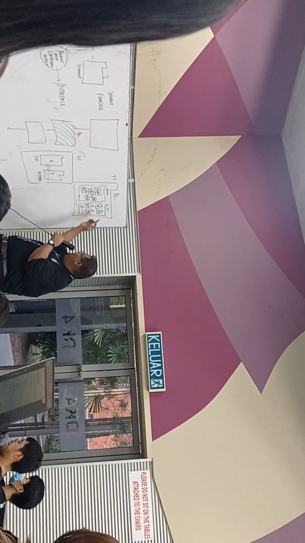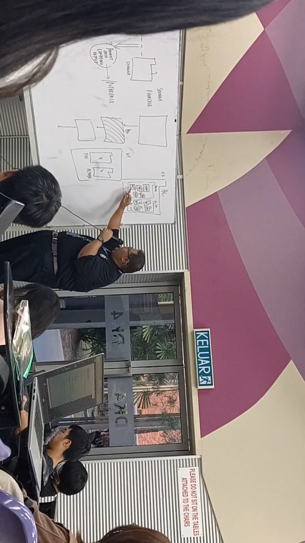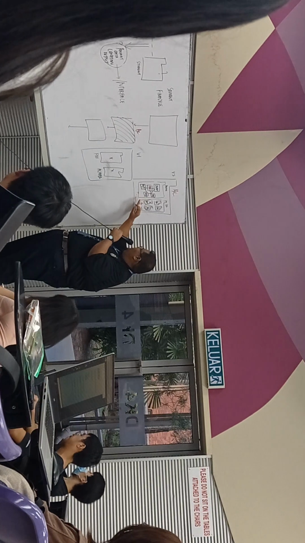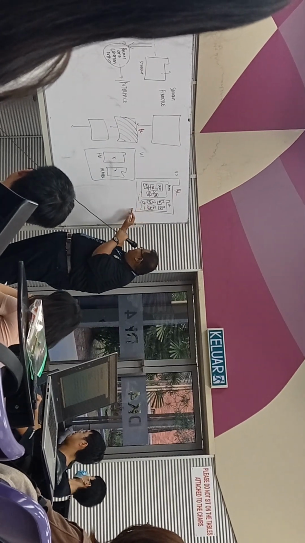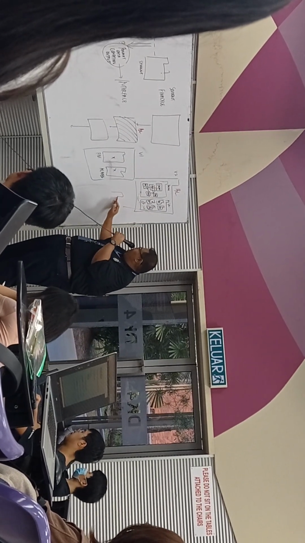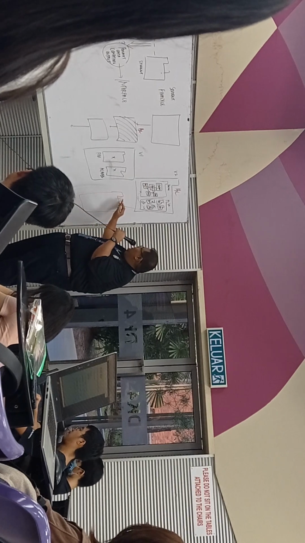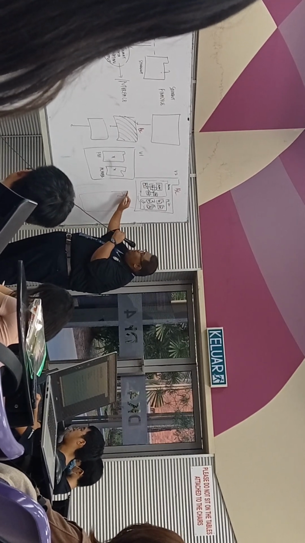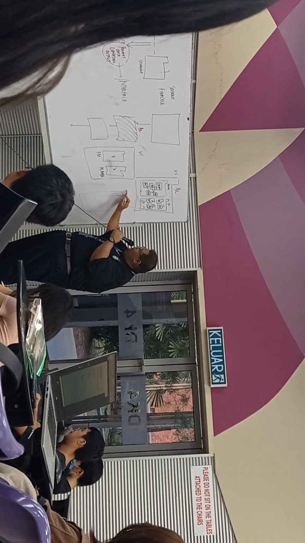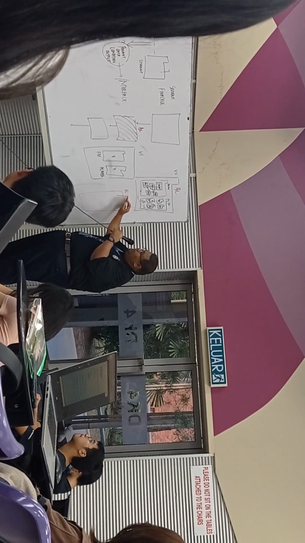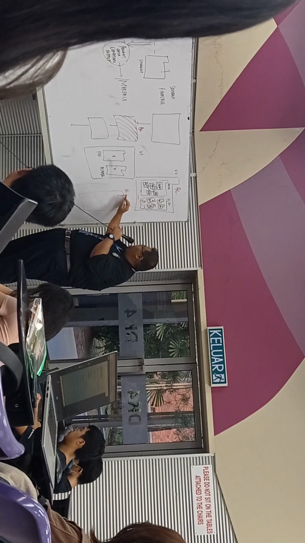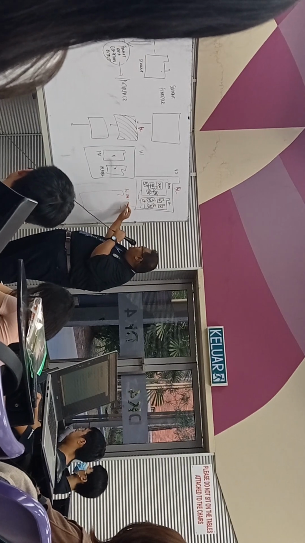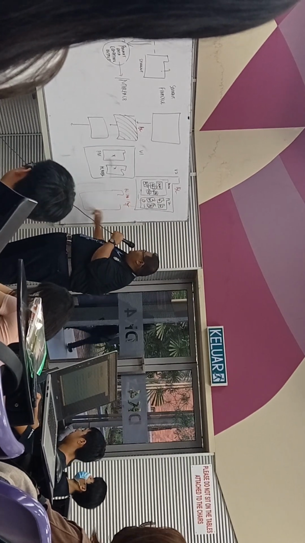Now let's say I zoom in on payment. So inside payment, now the name will be like this lah. Business logic, student dash payment. So this is the name of the component.